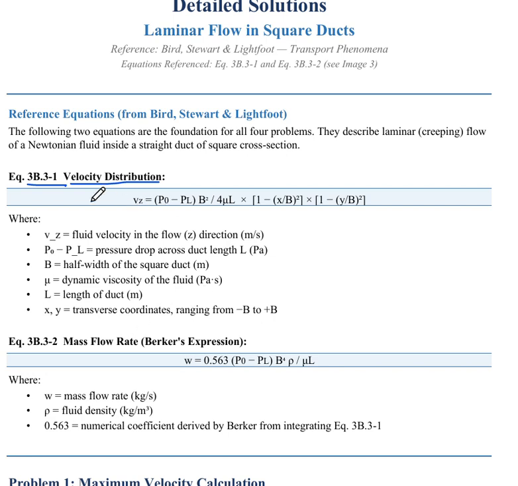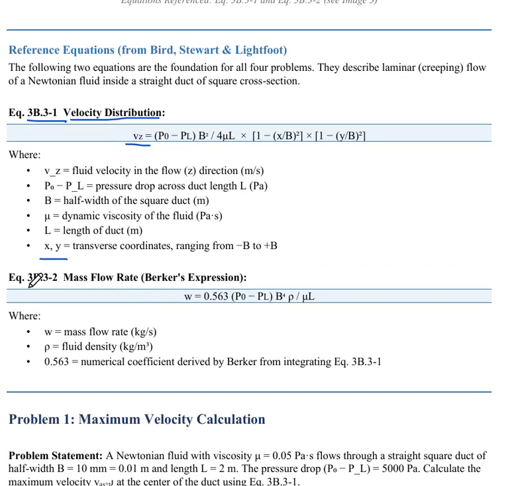It defines the local velocity Vz at point x comma y within the cross section. And equation 3B.3.2 is a mass flow rate equation, also known as the Burke's expression.